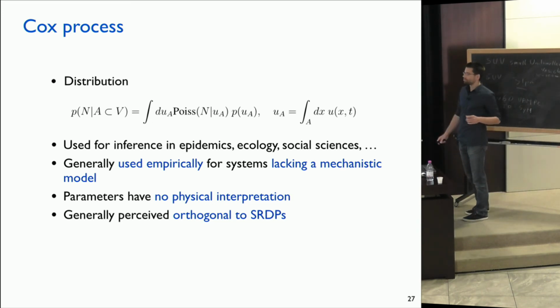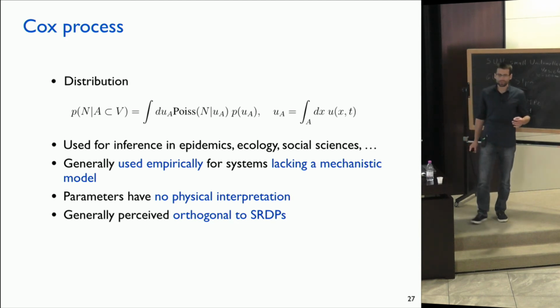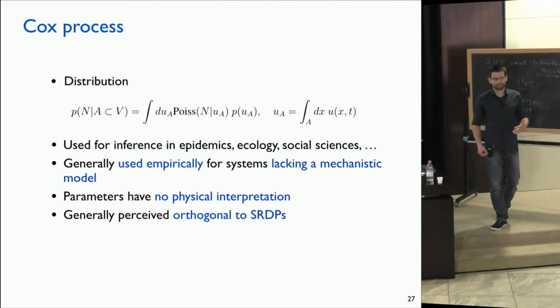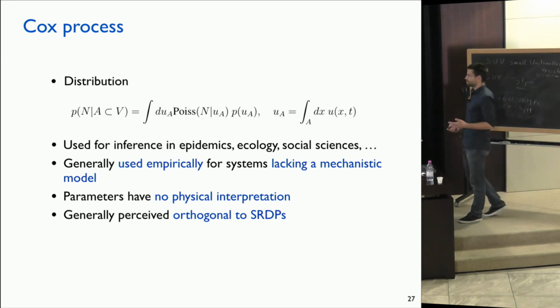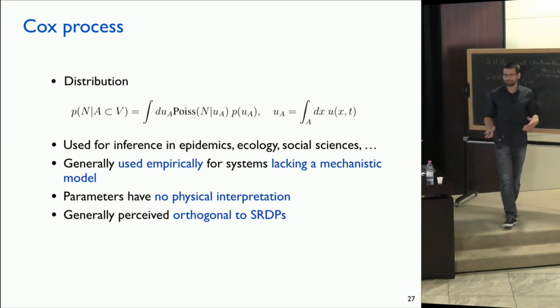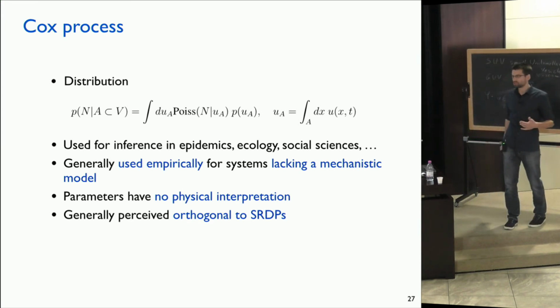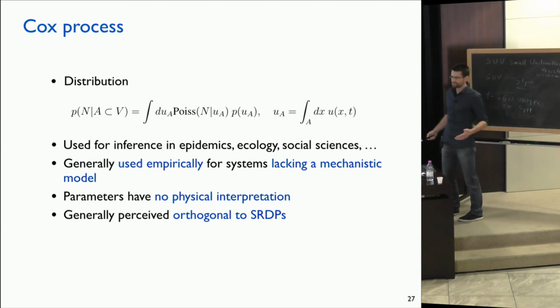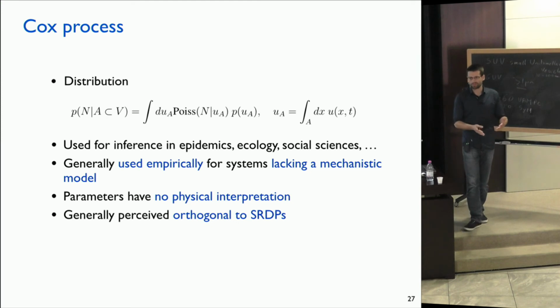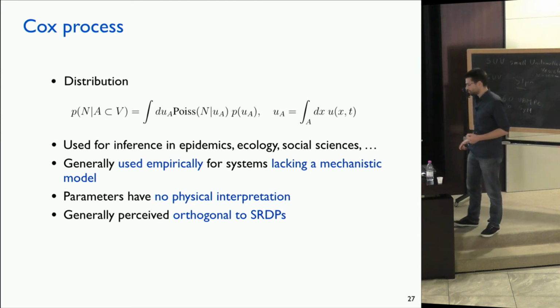But the crucial point to make here is that they're typically used empirically for systems that have no mechanistic underlying model, which in particular means that the parameters of the model have no physical interpretation. They're just auxiliary variables that we fit to the data to then make predictions for the future. And that's why they seem to be quite unrelated to our stochastic reaction diffusion processes, which are a mechanistic description with physical parameters in the model.